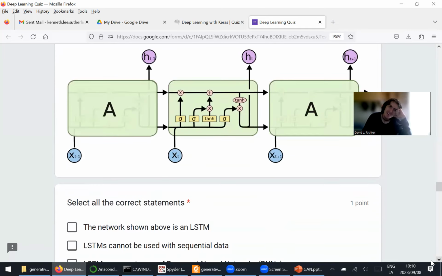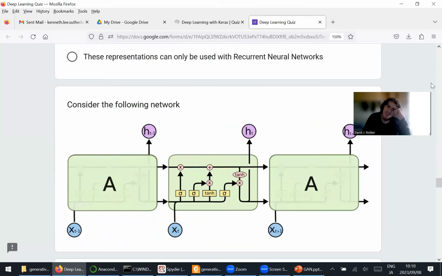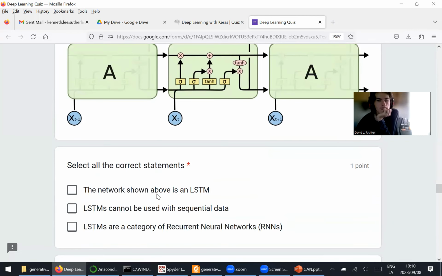Okay, let's try. So this is what was shown yesterday, this LSTM, right? Yeah, we saw this yesterday. LSTM cannot be used with sequential data. I'm guessing that this is false.